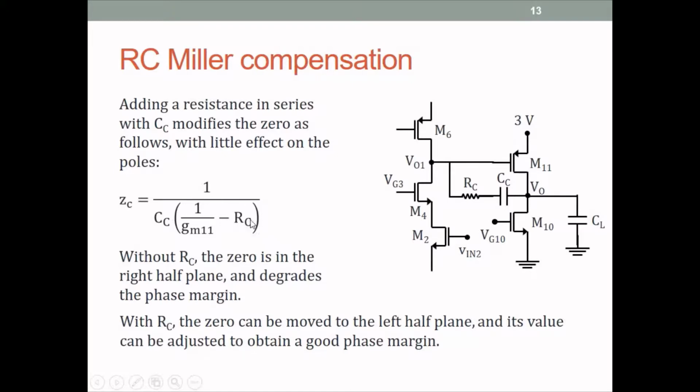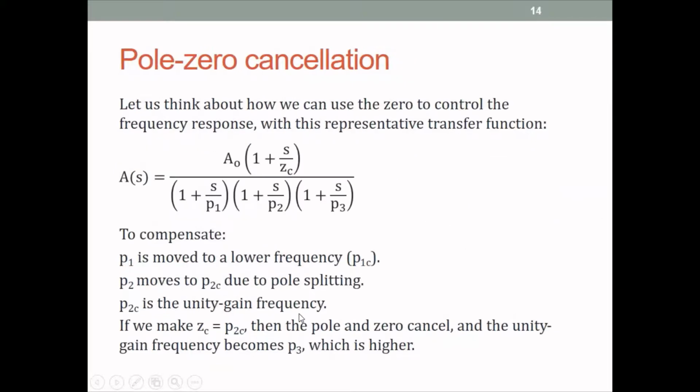So by adjusting RC, well, if we make RC larger in magnitude than 1 over gm11, then the zero goes to the left half plane. Alright. So this is what is done to reduce the effect of the zero caused by CC, and this is called RC Miller compensation. Let us talk about this for a couple of slides.